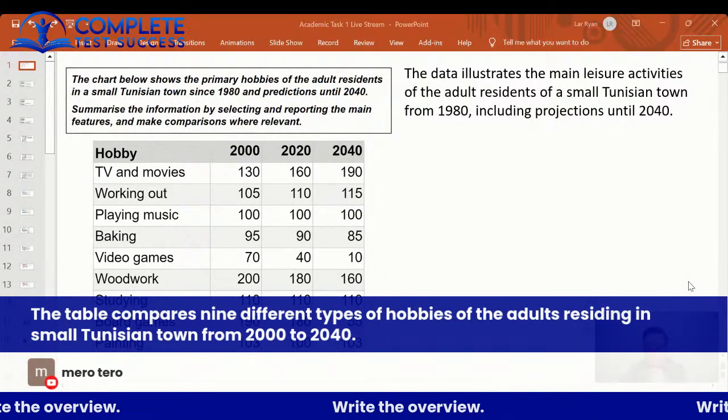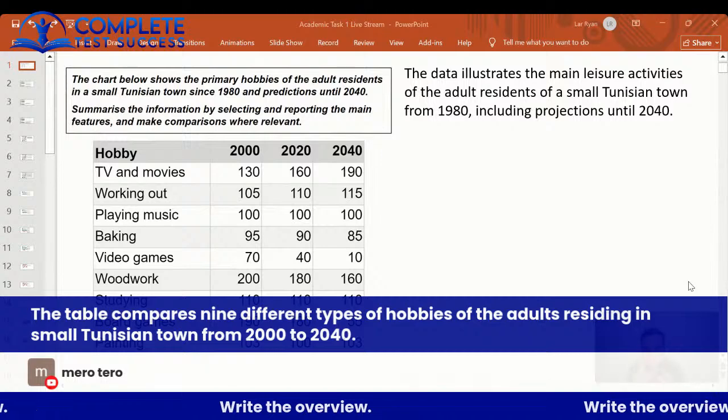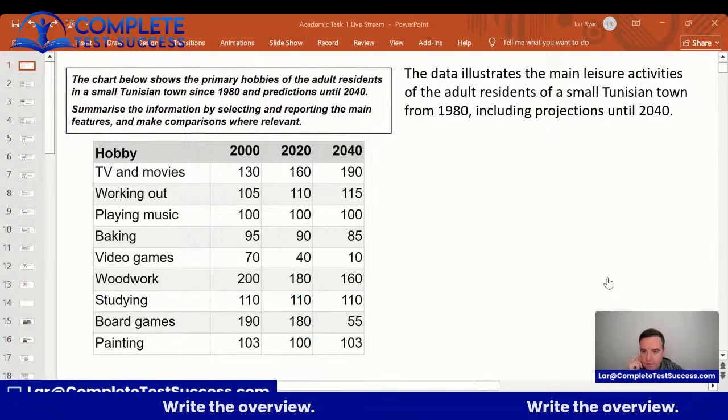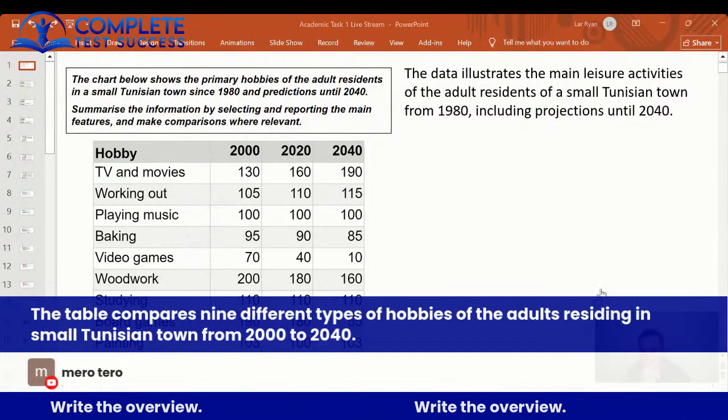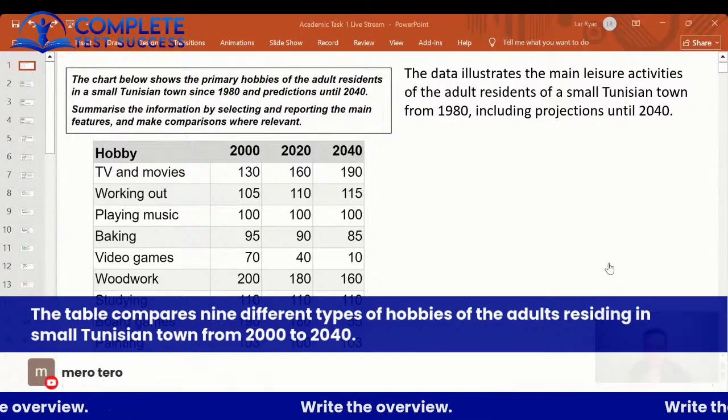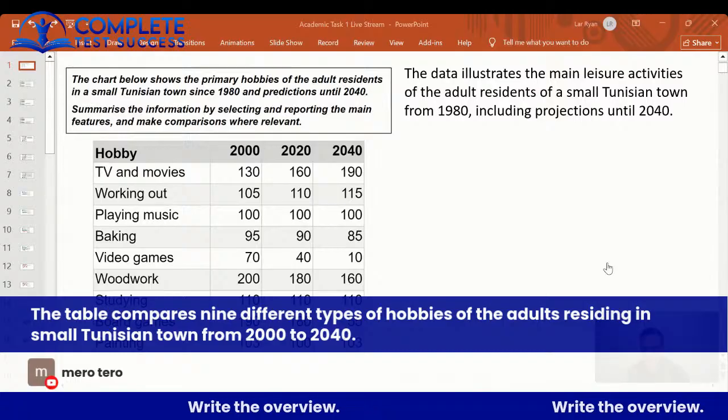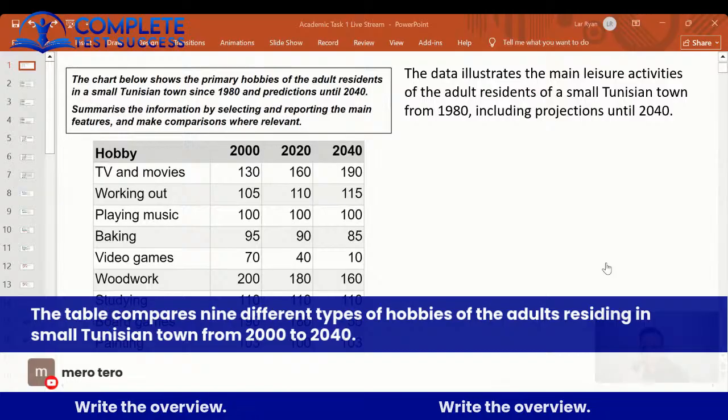Okay, Miro, the table compares 9 different types of hobbies. Is 9 correct? Yep. So the table compares 9 different types of hobbies of the adults residing in a small, so we need the article, a small Tunisian town from 2020 to 2040. Not exactly, because it's not from 2000 to 2040, because 2040 is in the future.